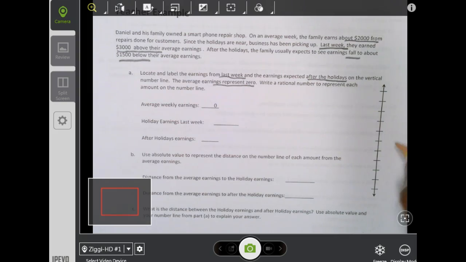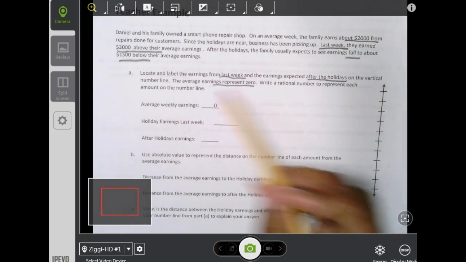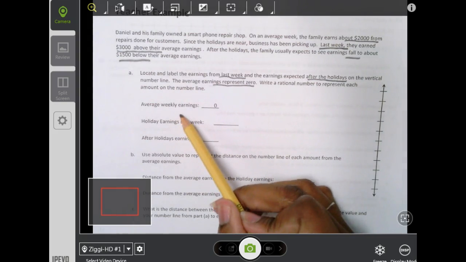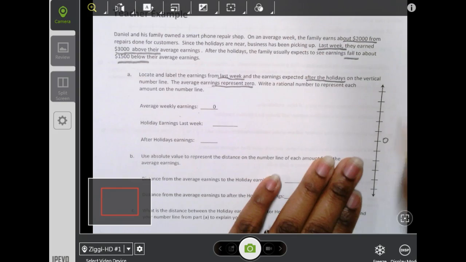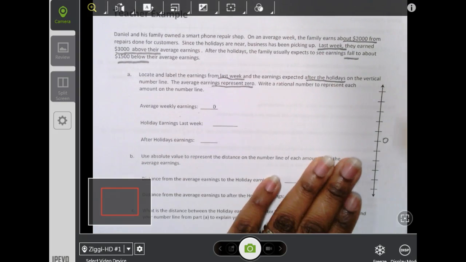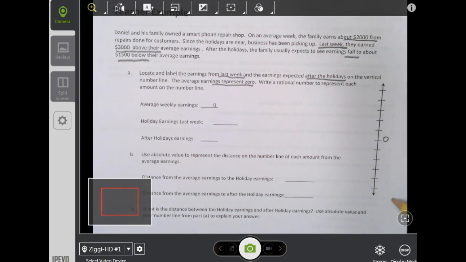So let's label our number line. It tells us in directions that average weekly earnings equals 0. So we're going to represent the average earnings by labeling the number line 0. If you recall, our vertical number line increases from bottom to top on a vertical line. So from 0, we know we're going to count up.